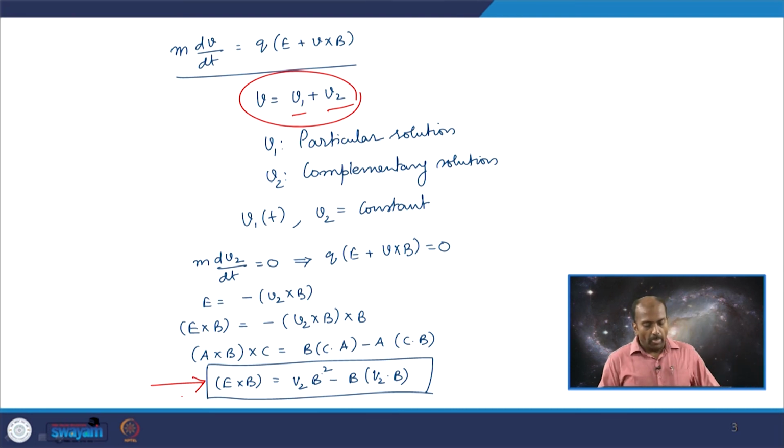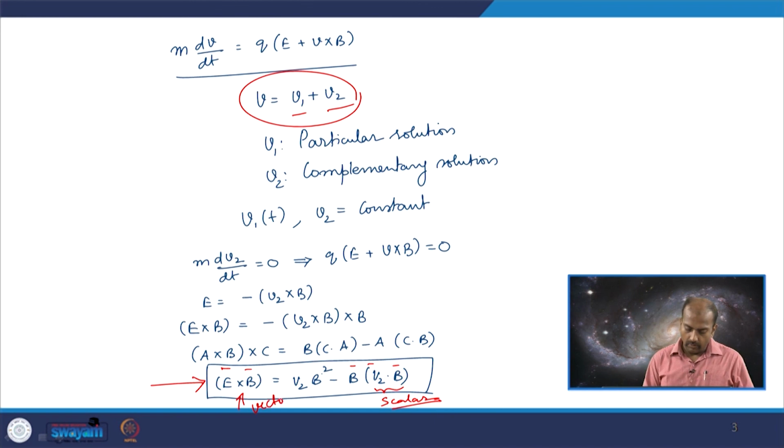Now, if you look at this, E, the electric field, is in one direction, and the magnetic field is in another direction, let us say. Now, E cross B is a vector. The second term on the right hand side, V 2 dot B, is a scalar, and this is a vector.